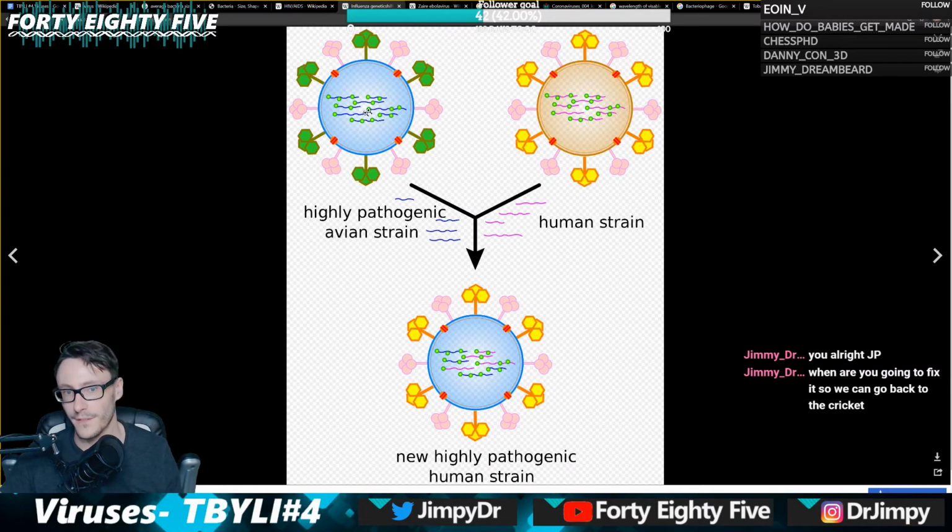But if both of these viruses infect the same cell and these genomes mix, you get viruses coming out the other end that have a combination of avian and human genome segments. And that's something the immune system has never seen before, and it can potentially be highly virulent.